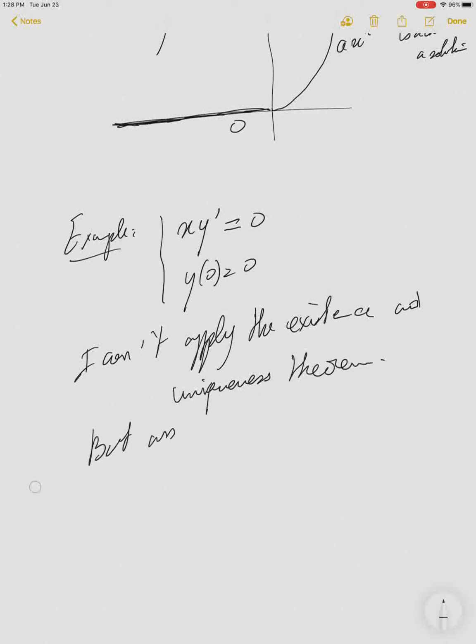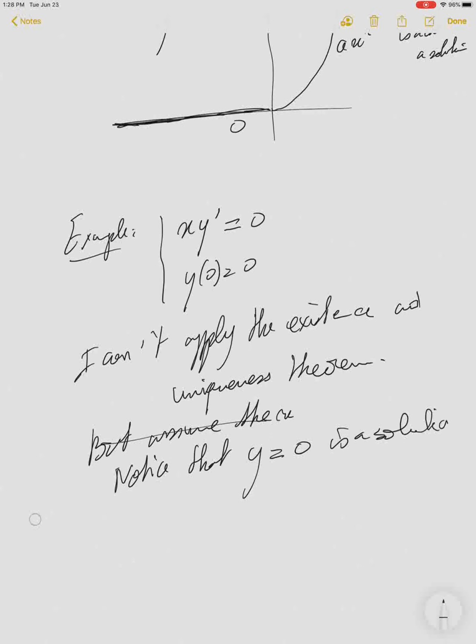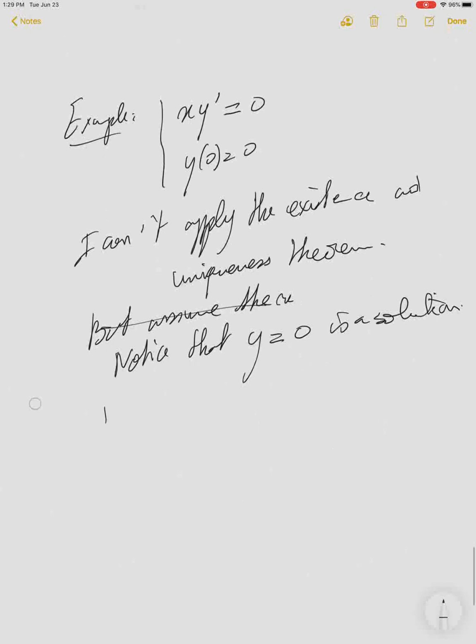But assume there exists a uniqueness theorem. Notice that y equals 0, the function 0, is a solution, but is it unique? In fact, it is unique, but I cannot prove it using the existence and uniqueness theorem.